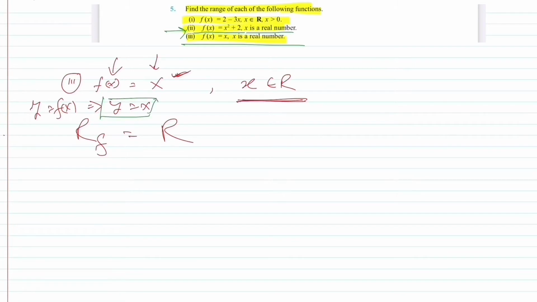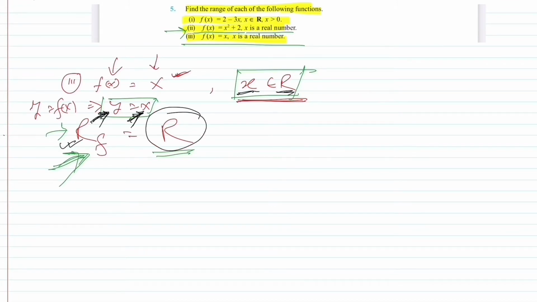If y and x both are the same, and x belongs to R, then the range of this function must be the set of all real numbers, because y is equal to x and x belongs to R. So the range of this function must be R, which represents the set of all real numbers.